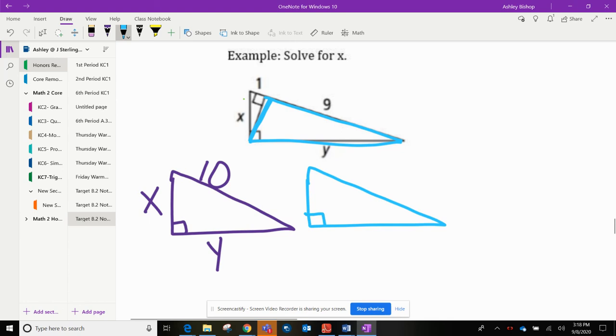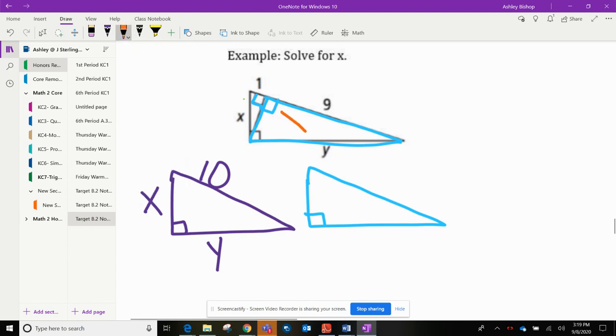So I'm going to put my right angle here, but pay close attention to this. You cannot use this as your right angle because your altitude cuts inside of it. Your altitude cuts that. But your altitude is going to make a right angle with your side across, which is going to share a right angle with your small triangle, and it's going to share a right angle with your medium triangle. So I can make that my right angle.